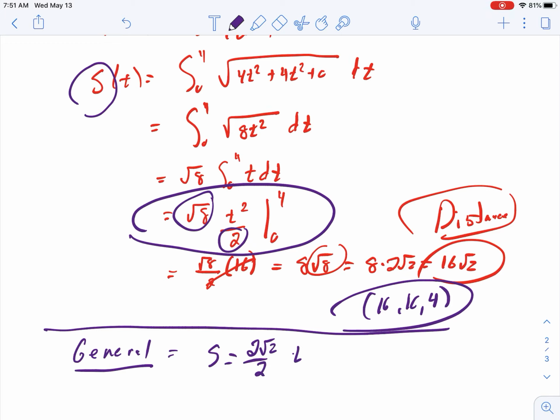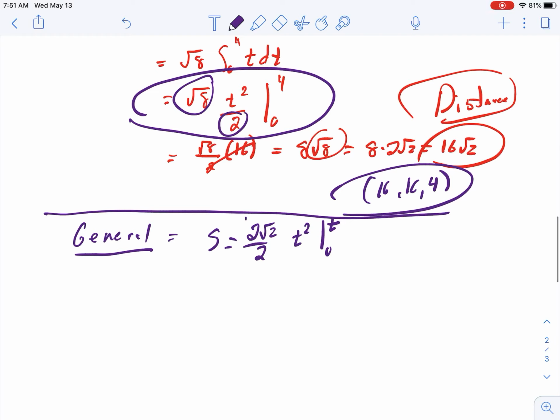That'd be 2 root 2 over 2 t squared and 0 to t. Okay, so that would be root 2, and that would be t squared.